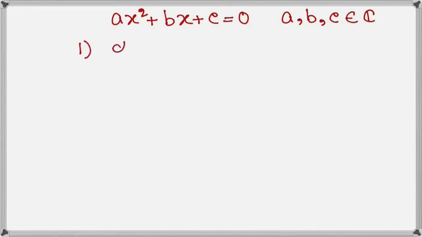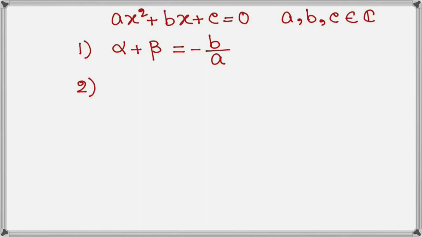We have sum of the solutions alpha and beta is equal to minus b divided by a. If we sum alpha and beta, we get this is nothing but minus b by a.